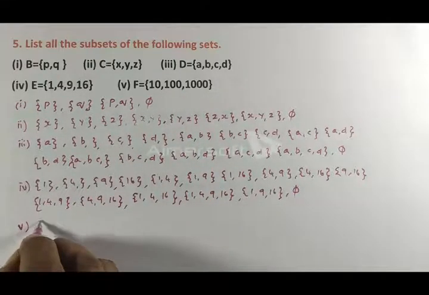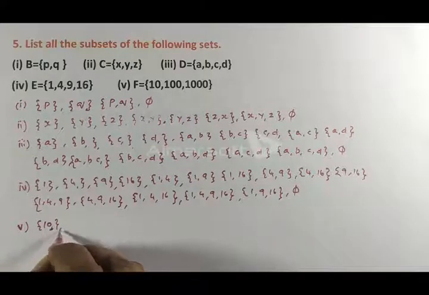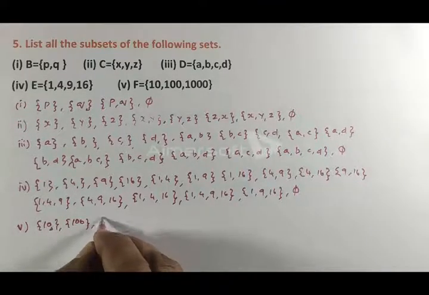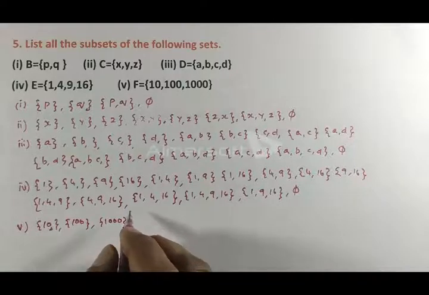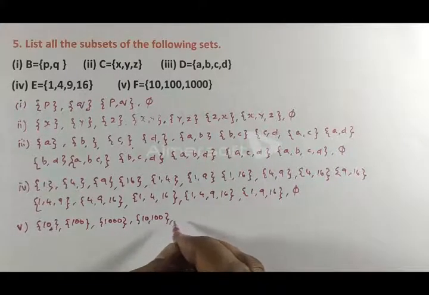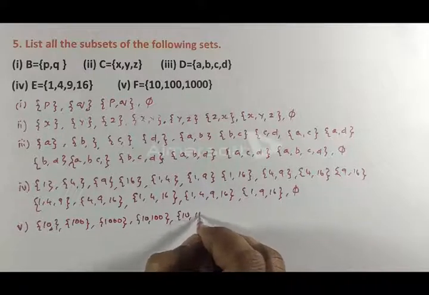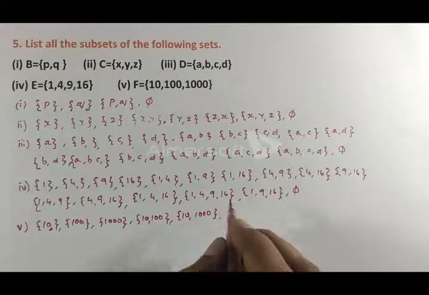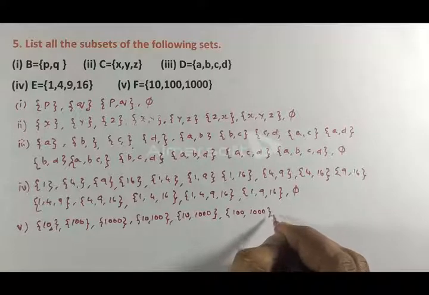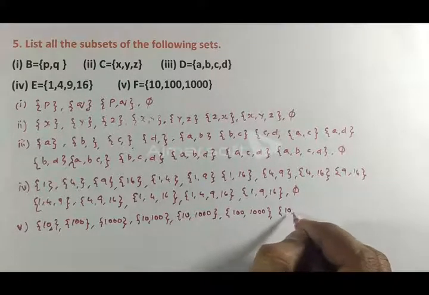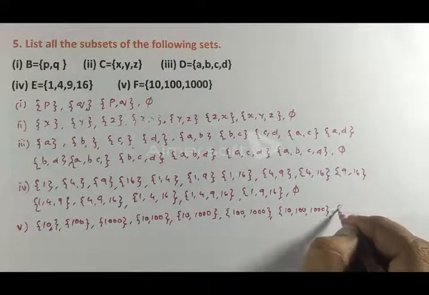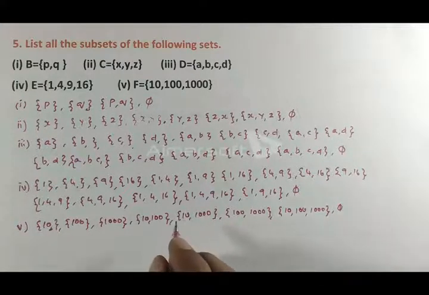The subsets are {10}, {100}, {1000}, {10, 100}, {10, 1000}, {100, 1000}, {10, 100, 1000} and phi.